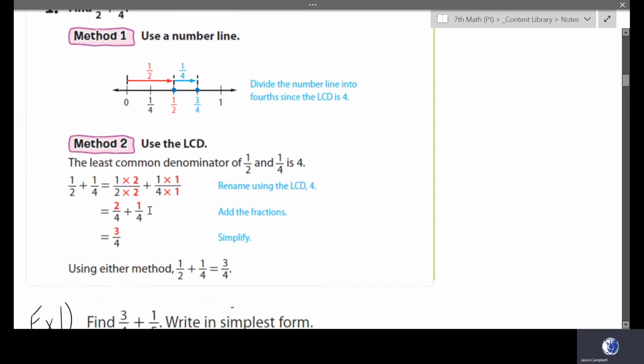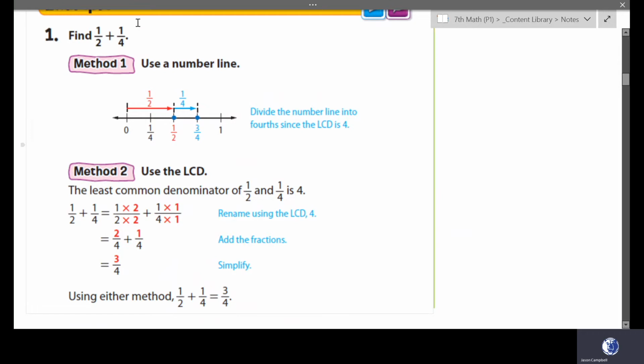Here in example 1, we have 1/2 plus 1/4. You could use a number line, 0 to 1/2, and then adding 1/4 is equal to 3/4. Or you could use the least common denominator. The least common denominator of 2 and 4 is 4.